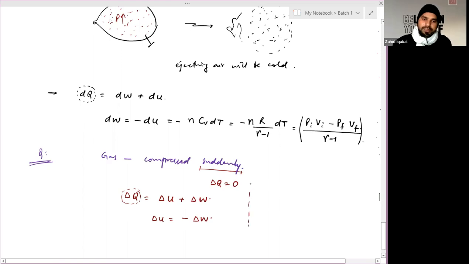Now I defined how to take the sign convention for work done by the gas or on the system. In this part, the gas is compressed by an external agency. So is work done on the system or by the system? Work is done on the system, so work done will be negative.